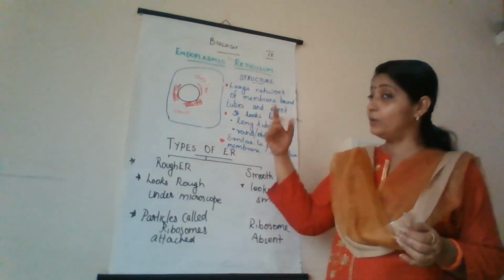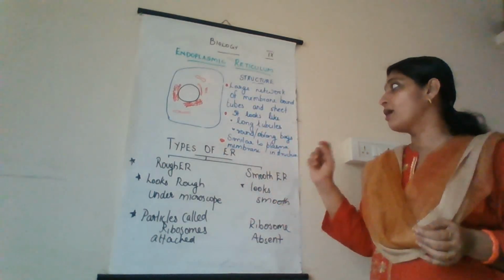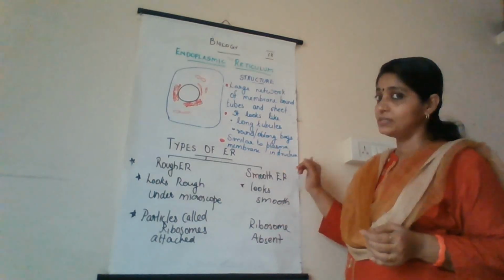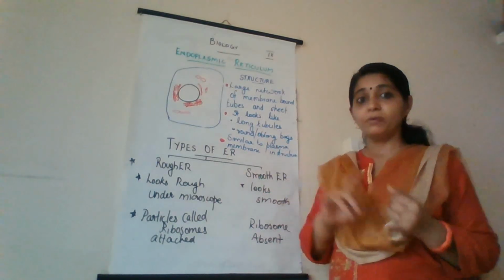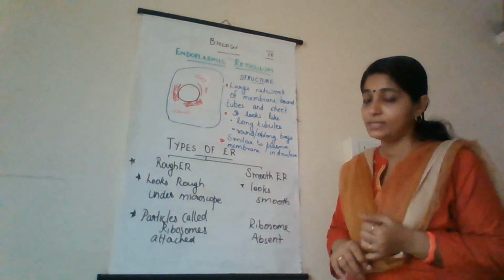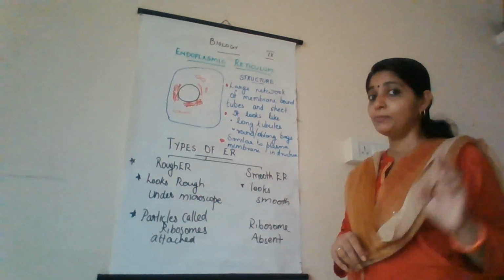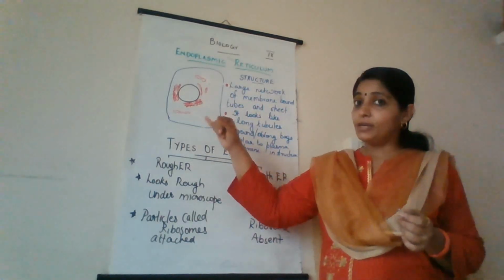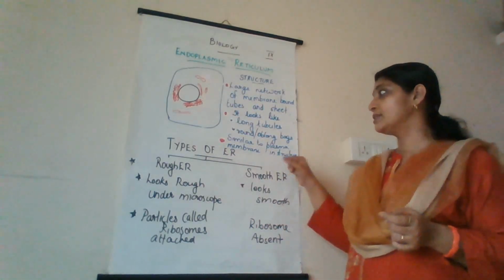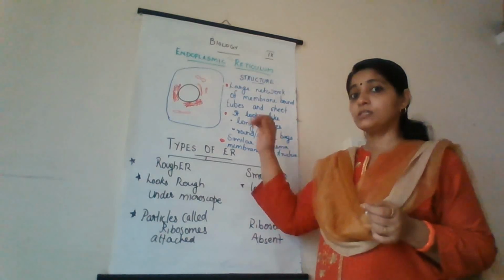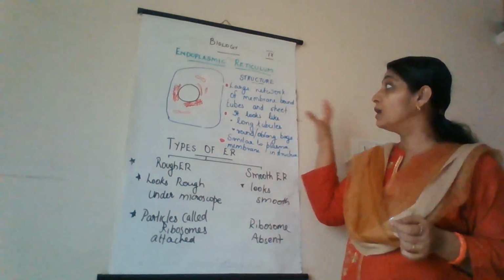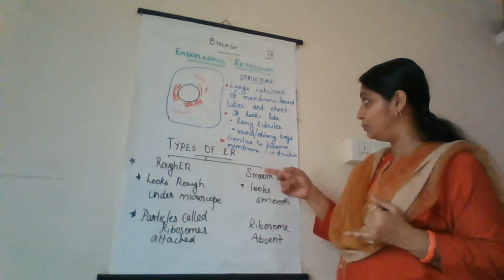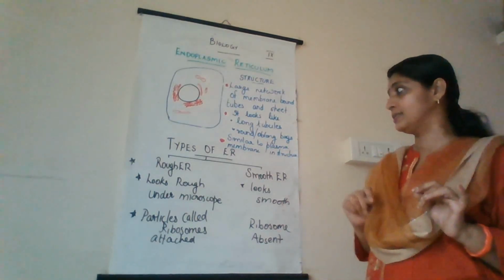It will have a similar structure to the plasma membrane itself. Plasma membrane is made up of proteins and lipids, we studied that yesterday. So the endoplasmic reticulum also has the same structure as the plasma membrane.